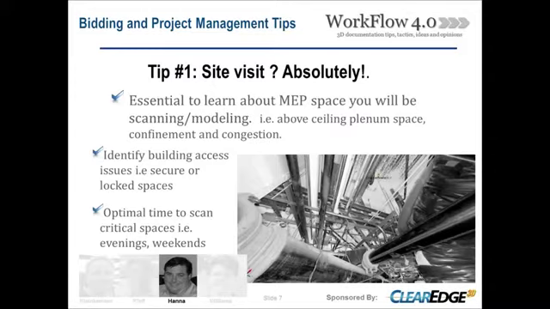It's good to visit the site and determine, can you get access to the ceiling space, what kind of tiles are there, or is it hard surface. If you do have access, it's critical to open some ceiling tiles and determine how much space you have up there, because believe it or not, in some sites we've been to, there's not enough clearance, too much congestion. We can't even get a scanner to penetrate into that space. So it's absolutely essential that you visit the site.